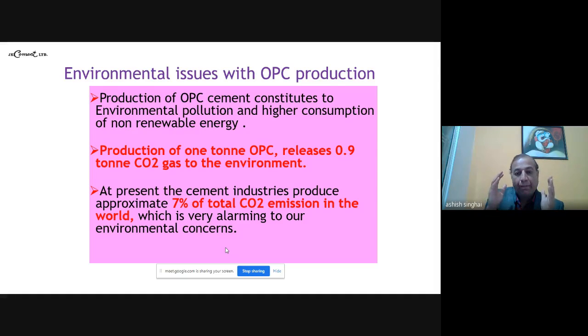So the message here is that we cannot stop cement manufacturing, but definitely we can partially replace OPC with certain blending materials and thereby reduce the carbon dioxide emission into the environment. So this is the message through this slide.